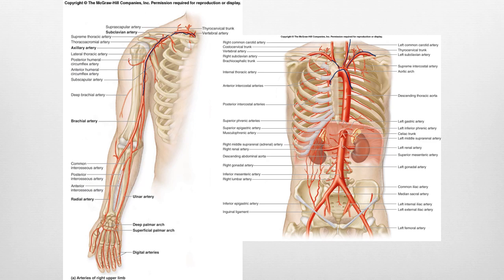Axillary artery, brachial artery, comes down, splits into a radial and an ulnar artery. And it's the same on either side of each arm. So both arms are the same there for both of them regardless.